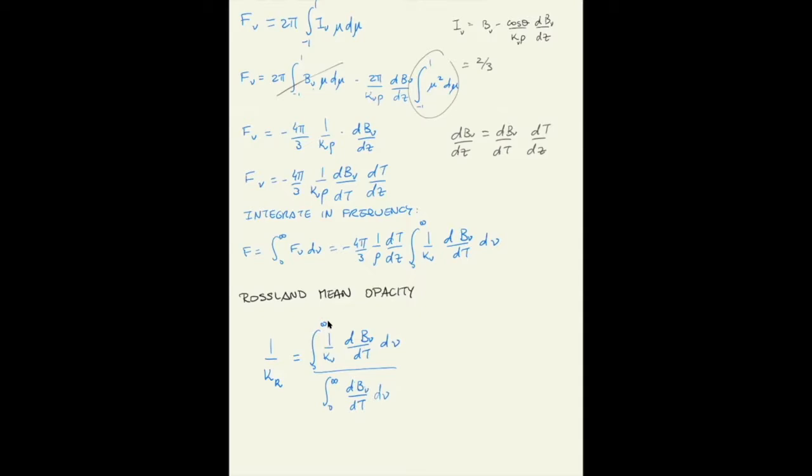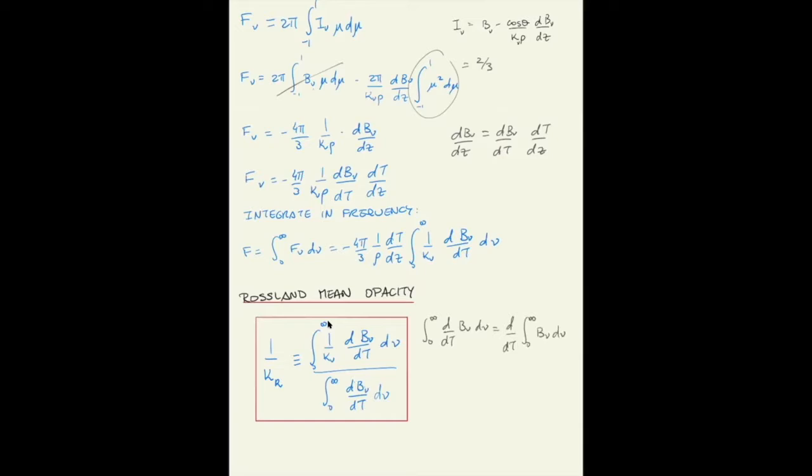You have that the Rosseland mean opacity is a weighted mean. So even though the numerator in the Rosseland mean opacity is not known because of the dependency of the opacity on frequency, the denominator can be evaluated. The integral of the derivative of the Planckian in temperature is equal to the derivative in temperature of the integral of the Planckian, since the operator is linear.